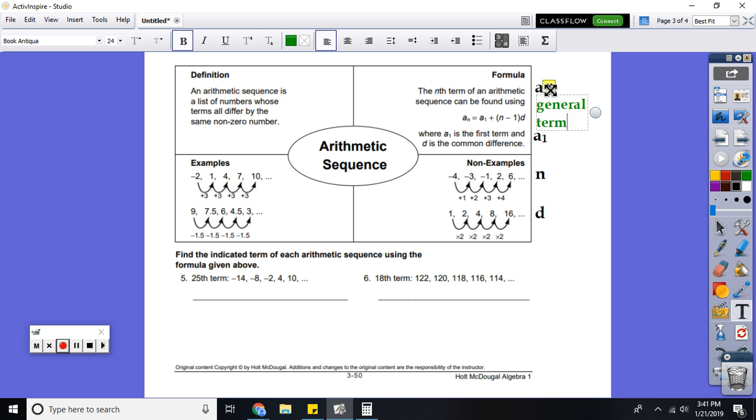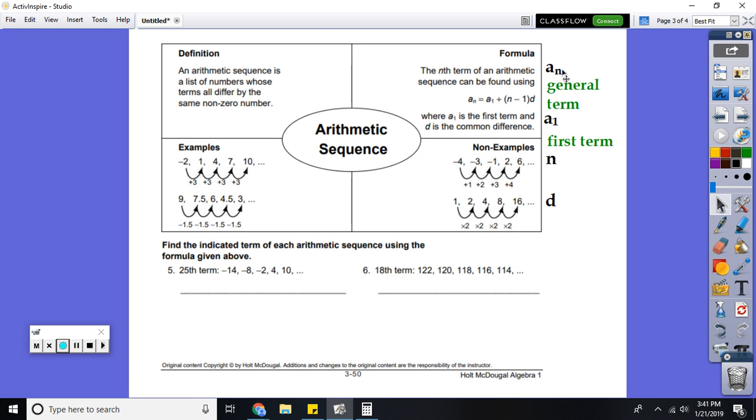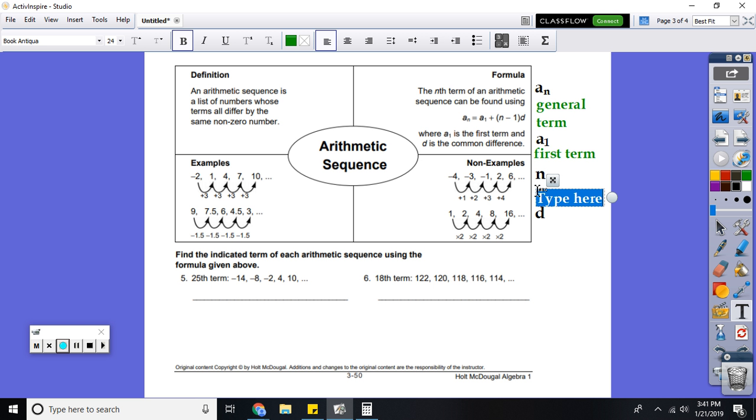Now, a sub 1 is your first term. So that little n, that subscript n, turned into a 1 to represent the first term. 1 represents the first. So that n actually represents what number term we're referring to. So n is the term number. You could also call that an index. Kind of tells you what term you're on.